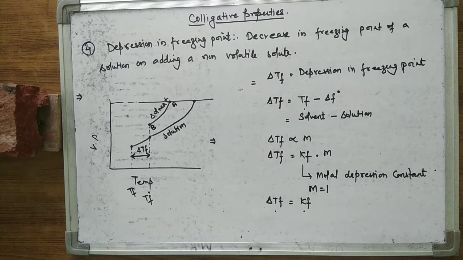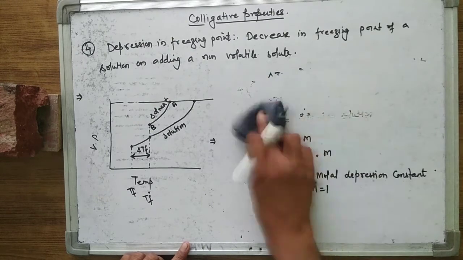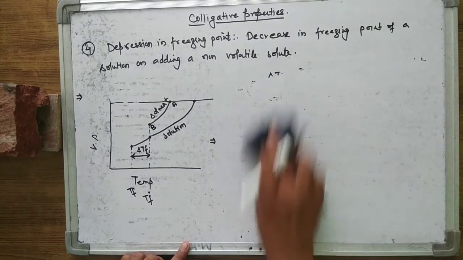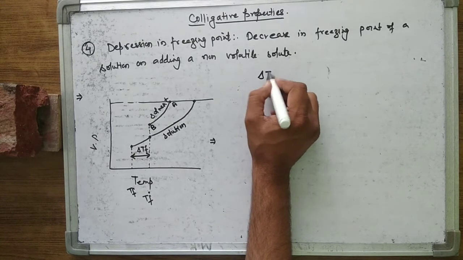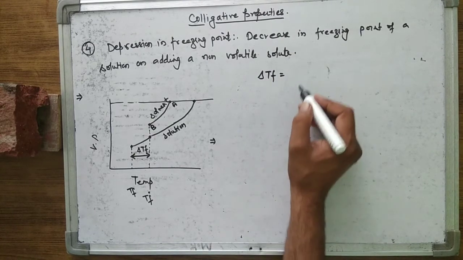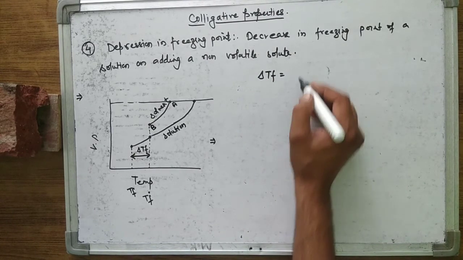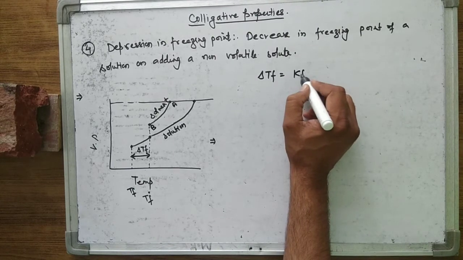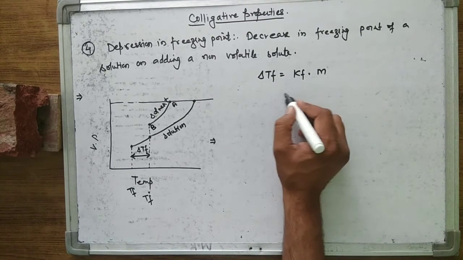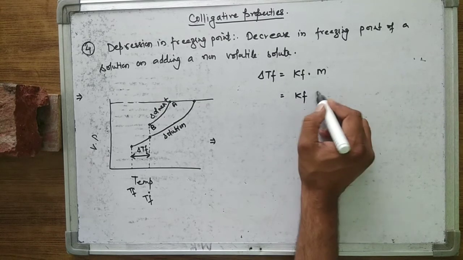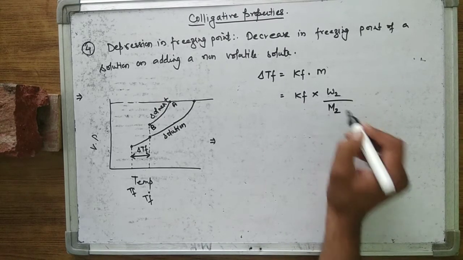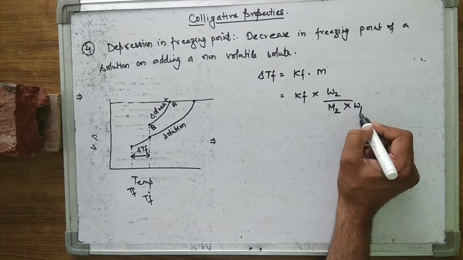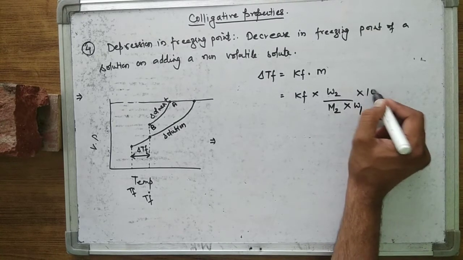Now if we put the value of molality, we are able to prove that it is a colligative property. Delta TF is KF into molality. Put the value of molality: weight of the solute, molecular mass of the solute, weight of the solvent into 1000.